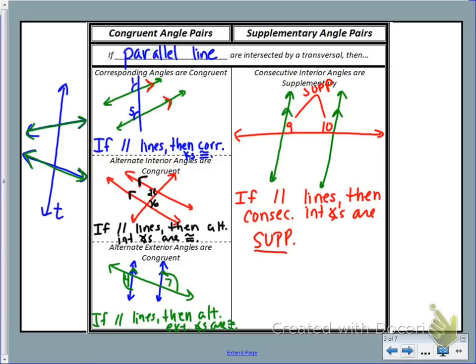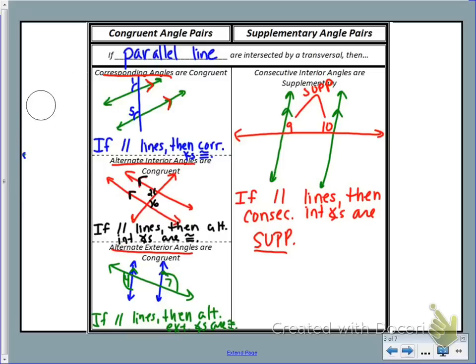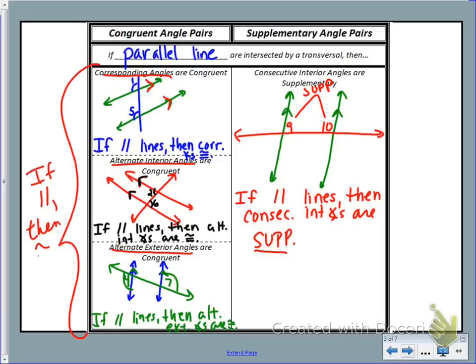Now, if we look at this, we have four different angle relationships. We have the three occurring on the left: the corresponding angles, alternate interior angles, and alternate exterior angles. They all have the same relationship when the lines are parallel. So if the lines are parallel, these are going to be congruent. But consecutive interior angles, on the other hand, are not going to be congruent when the lines are parallel.